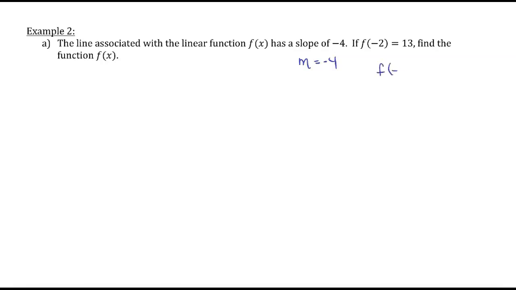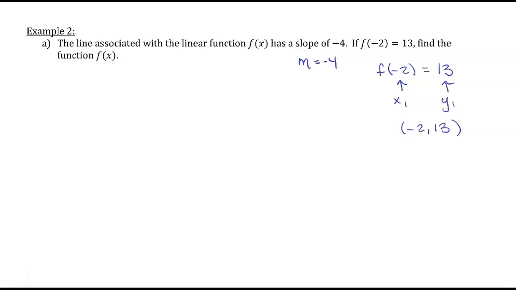We're given that f of -2 equals 13. So when our x value is -2, we have an output value of 13. -2 is our x1, 13 is our y1. This corresponds to the ordered pair (-2, 13), and it is a point on the graph of this linear function.